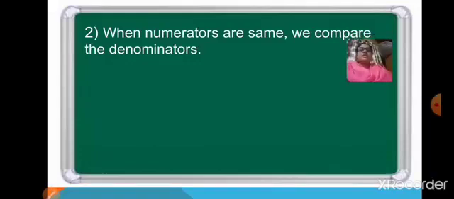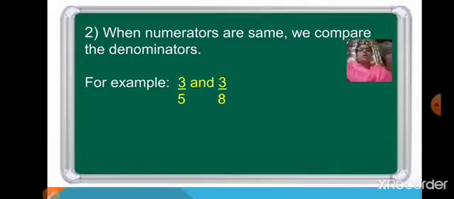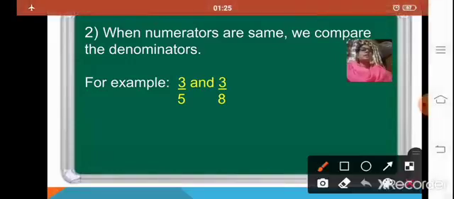Now when the numerators are the same, we compare the denominators. For example, here 3 upon 5 and 3 upon 8. Here the numerator is the same, whereas the denominator is different. Larger the denominator, smaller is the fraction.